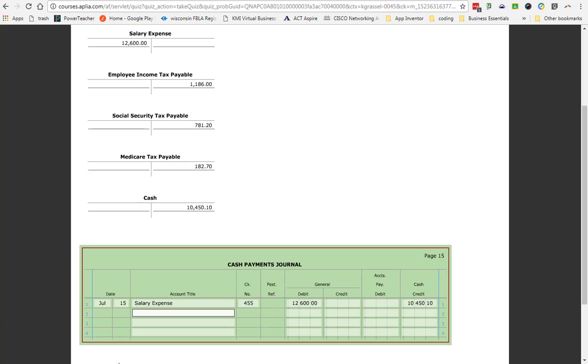So your cash needs to be on the very first line, and this is going to take multiple lines. Then I'm going to do employee income tax payable as a credit of $1,186. Social Security tax payable as a credit of $781.20, and Medicare tax payable as a credit of $182.70.